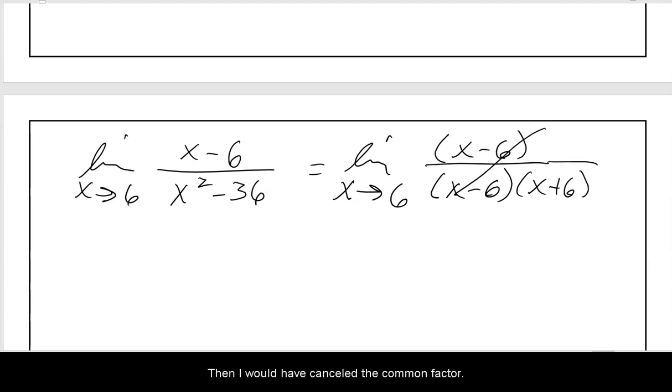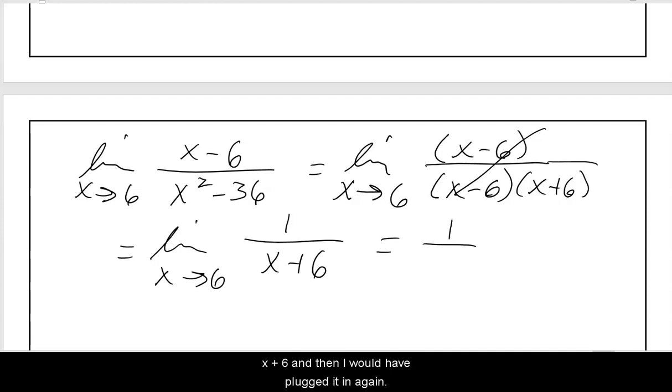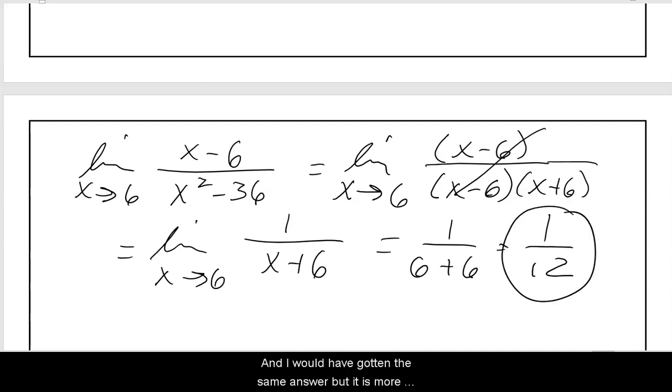Then I would have canceled the common factor, and I would have gotten the limit as x approaches 6 of 1 over x plus 6, and then I would have plugged it in again, and I would have gotten the same answer. But it is more work because of the factoring, right?